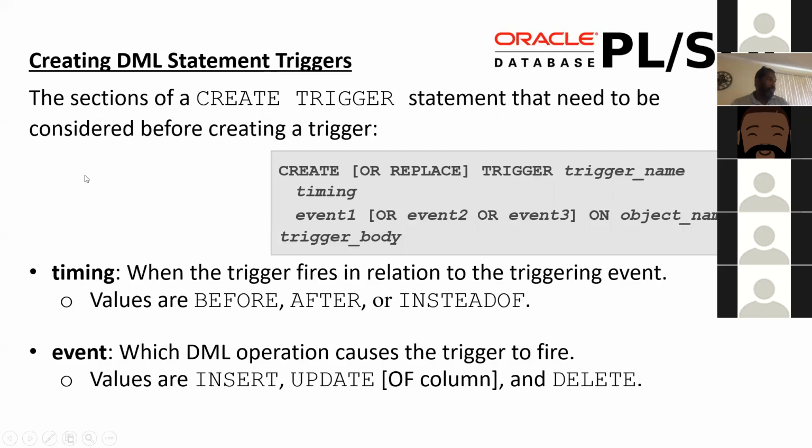So you have the create trigger. You've seen this before, create or replace. Once again, it's another block. And then you have your trigger name, you have your timing, before, after, instead of, and you have your event, which is usually one of the DML statements: insert, update, and the update of, and I'll explain what that means in a few slides, and delete.